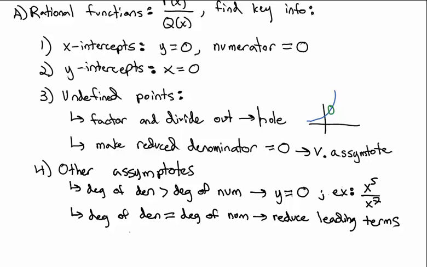What I mean by that is if we have like 15x to the 7th over 3x to the 7th, and then there's lower terms. But the leading terms were the x to the 7ths. Here we can reduce the x to the 7ths out, and 15 over 3 reduces down to 5. And so that is our horizontal asymptote.